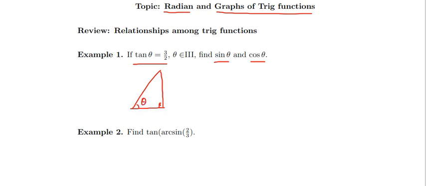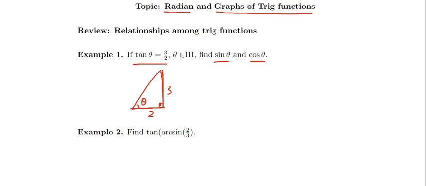Suppose this angle is theta, and we know the tangent value, tangent theta equals 3/2. So tangent is this ratio, this over this is 3/2, right? So we want to find sine and cosine.